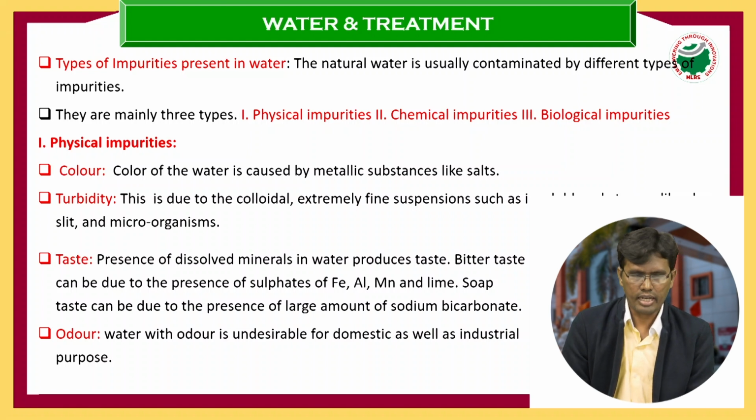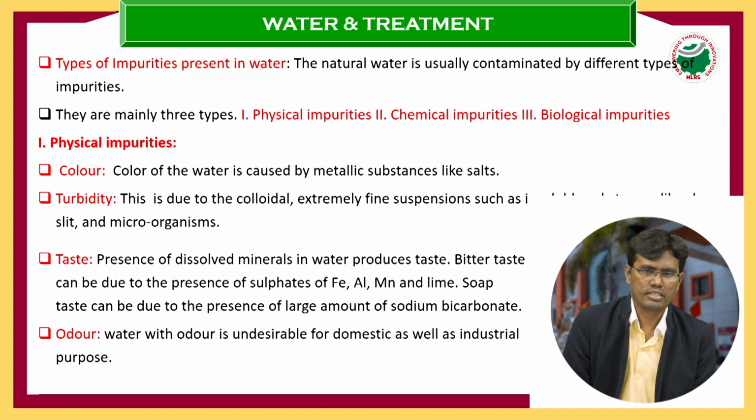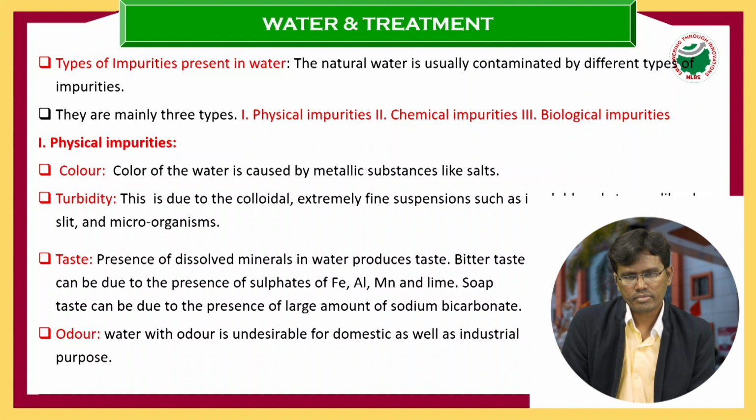For example, color. If color appears, maybe some metals or carbonates or sulfides are dissolved or present in that water. Next, turbidity. Turbidity means maybe clay or mud or sludge is present in the water.